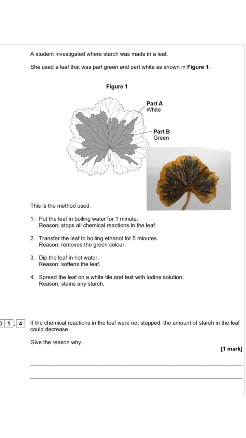So starch reserves actually get broken down into glucose so that they can be used for energy for chemical reactions in the leaf. So if the chemical reactions in the leaf were not stopped, the amount of starch in the leaf would decrease because the starch would be broken down to use for energy. So our answer can be as simple as starch could be broken down into glucose.